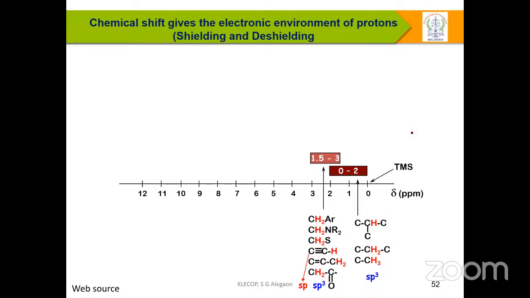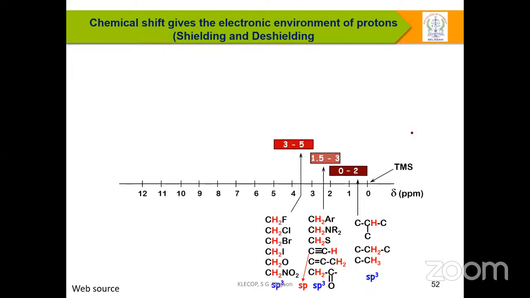The sp3 protons, which are very important, we observe at 0 to about 2 ppm. Combined, you can get delta 3 ppm to delta 0.2 ppm that we are going to observe.